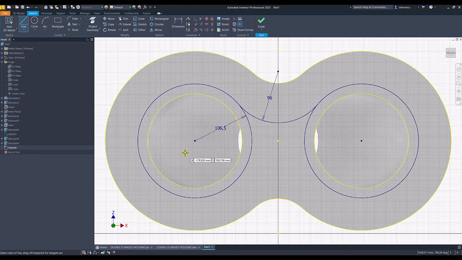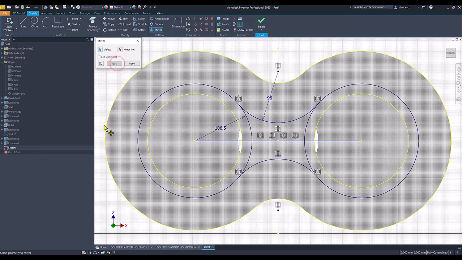Line between these 2 points and mirror of this arc about this axis. The axis is construction.